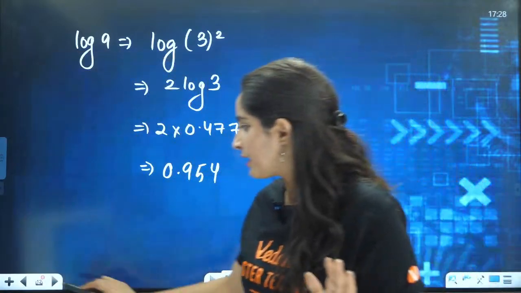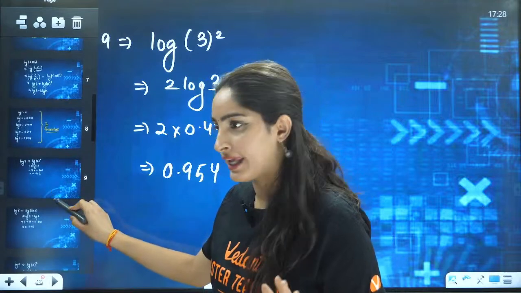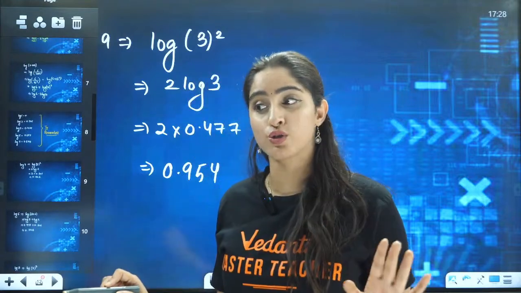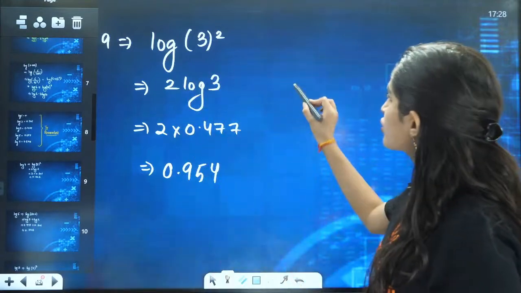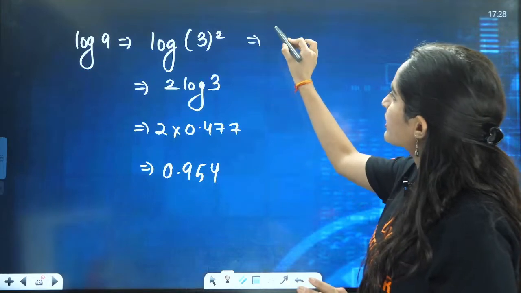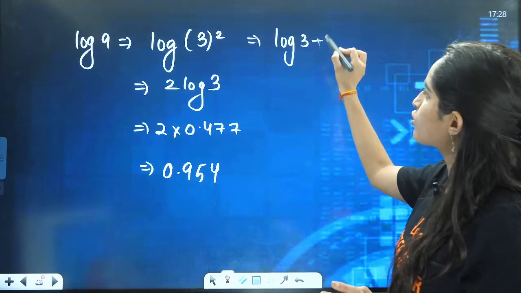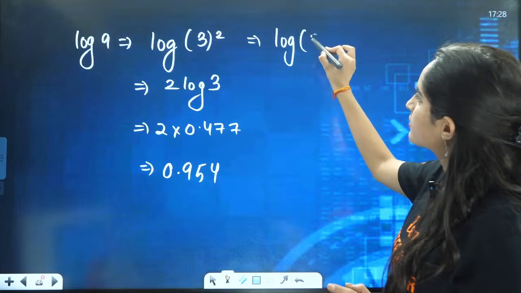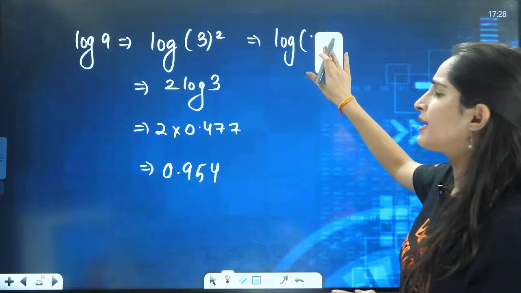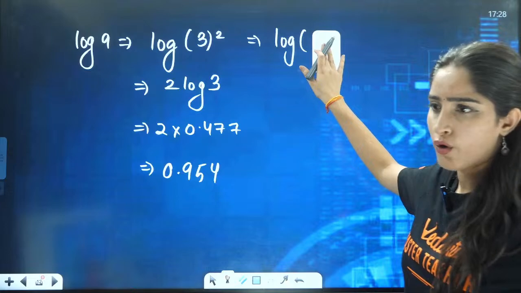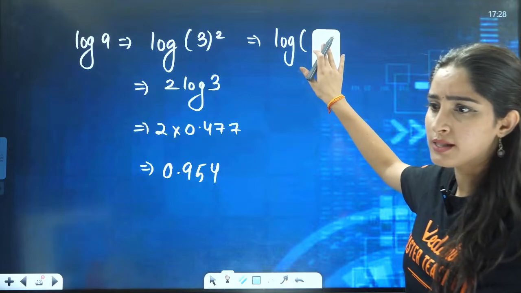Yes. Now, log 3 plus log 3 is also right. Very good, Mandar. You can also calculate it as log 3 plus log 3. Why? Because 9 is 3 into 3, so you cannot calculate it as log 3 plus 3.